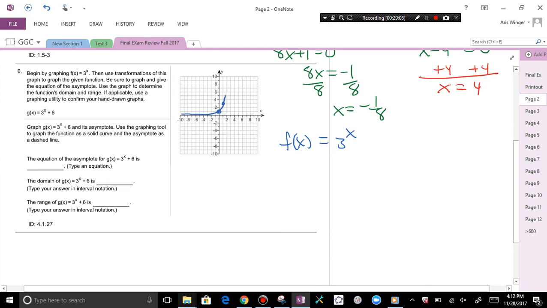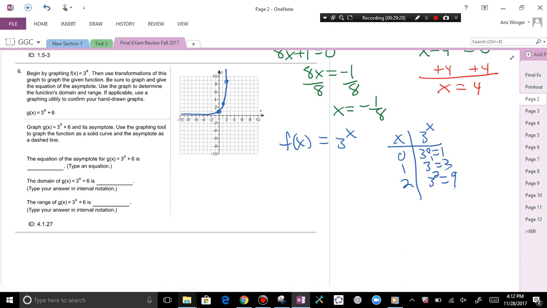At 2 it's 9. So you may just want to plot 3 of these points, right? So x, 3 to the x. At 0 it's 3 to the 0, which is 1. At 1 it's 3 to the first, which is 3. And at 2 it's 3 to the second, which is 9. Right? So that's the graph.